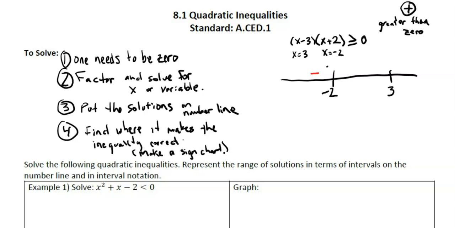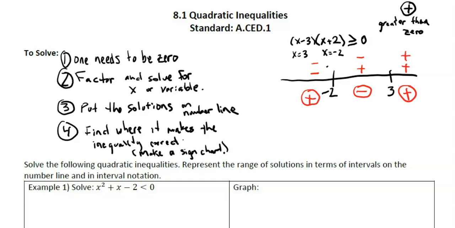And then everything to the right would be positive. If I consider 3 then to be the 0, the center part, everything to the left of 3 would be negative, and to the right would be positive. And so then I think negative times negative would be positive, and negative times positive would be negative, and a positive times a positive would be positive.